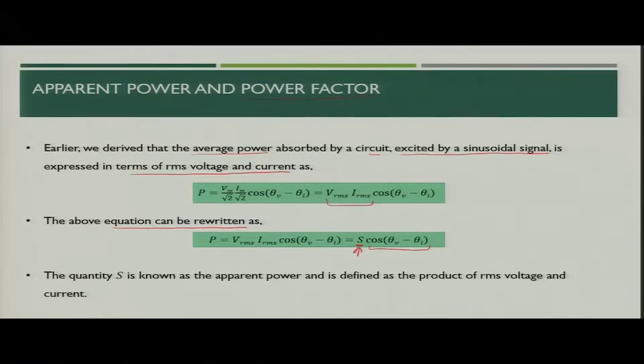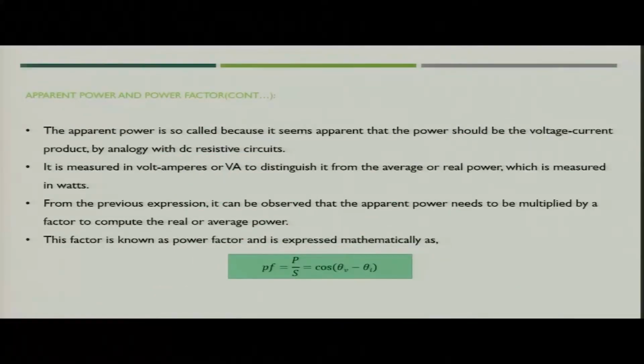What is S? S is called apparent power because it is defined as the product of RMS voltage and current. If you correlate with the DC voltage source power, in DC we define power as V into I. So, the apparent power would be Irms into Vrms, so that you get a feel of how it is apparent as compared with the DC source.